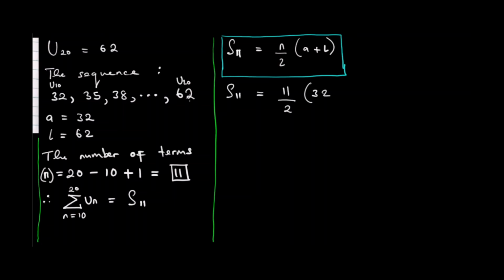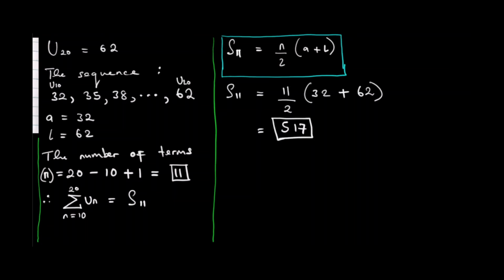So a is taken as 32 because we have a new sequence. Our a is 32 plus l, which is 62. So let us do this computation. 11 over 2 multiplied by 32 plus 62, we get 517.